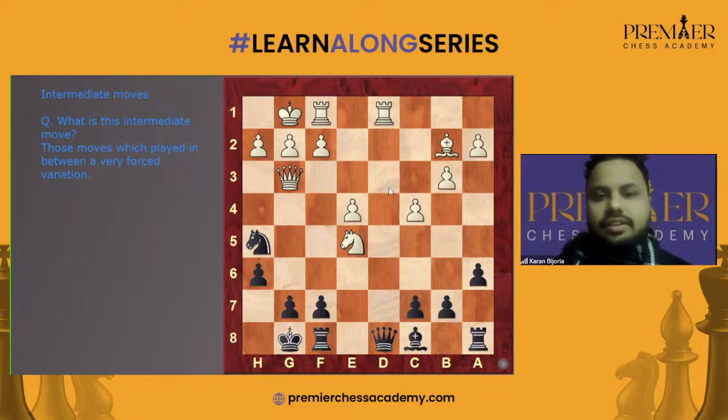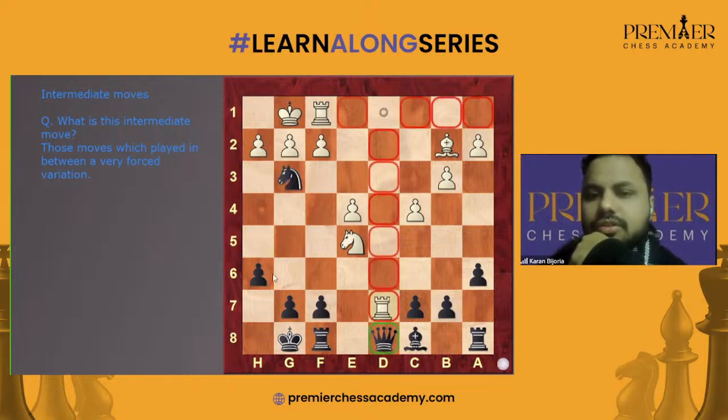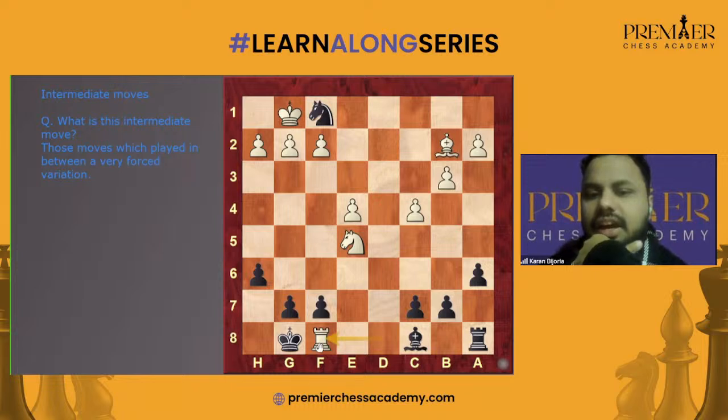Over here, the white queen is under attack by the black knight. And here also, the black queen is under attack by the white rook. So now, let's say black captures the queen, rook captures the rook, I capture your rook, you capture my rook, and then I capture your rook and you capture my knight.